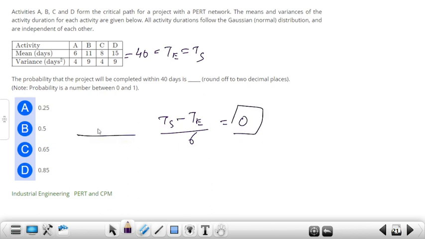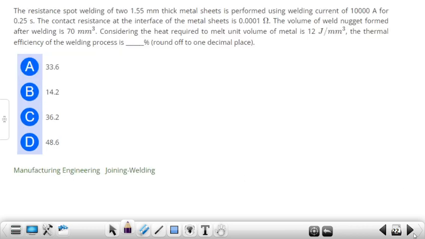In the normal distribution curve, 0 represents 50%, which is 0.5. The option B is the correct answer. Next question.